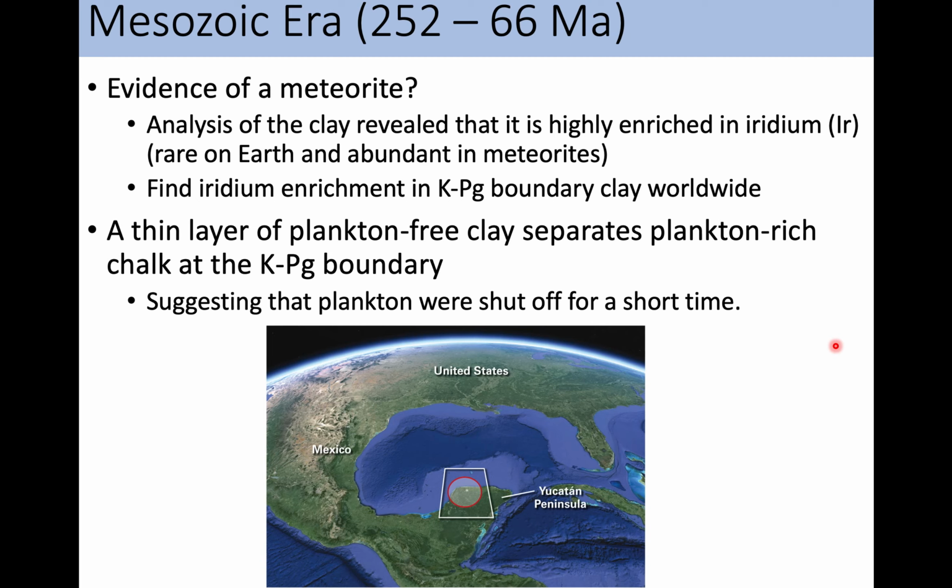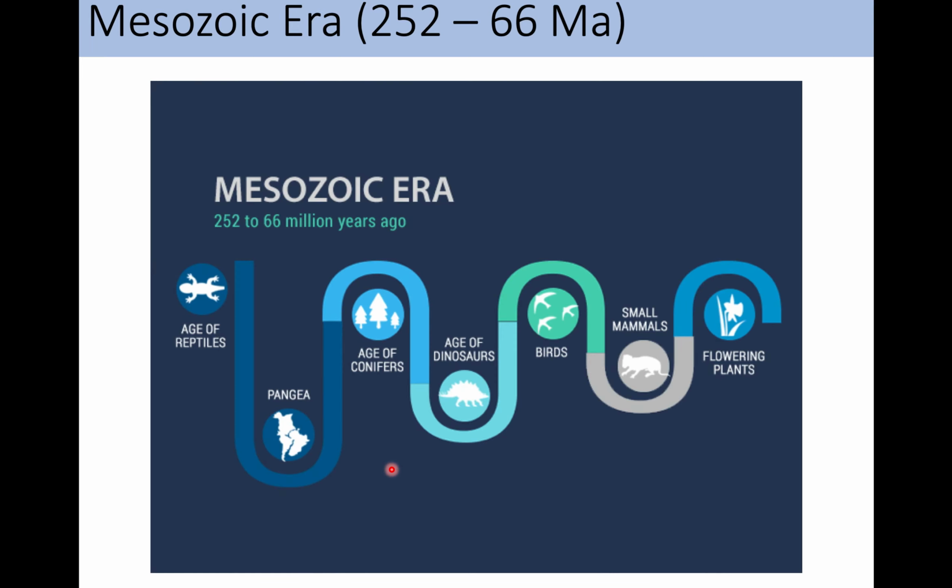So that plankton was shut off, or they all died. They were not producing during this time. So that's the two key pieces of evidence that we know a meteorite did strike, and we know where it struck, which is what we now call the Gulf of Mexico. So here was that gigantic meteorite impact.